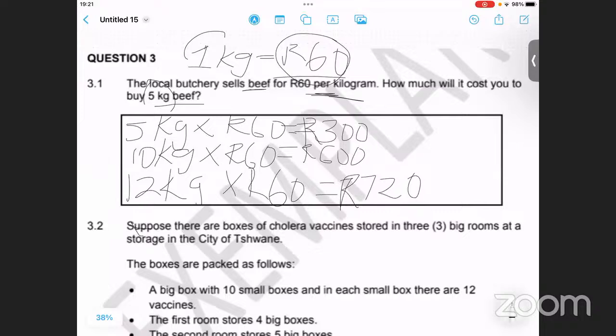Maham, are you still there? How much would it cost you to buy 17 kg?